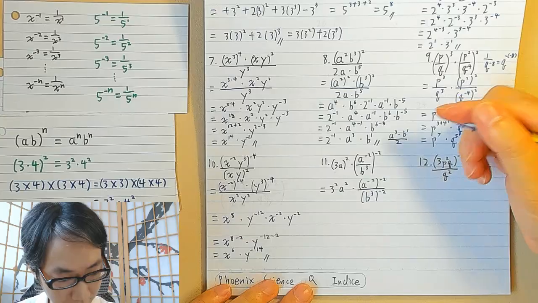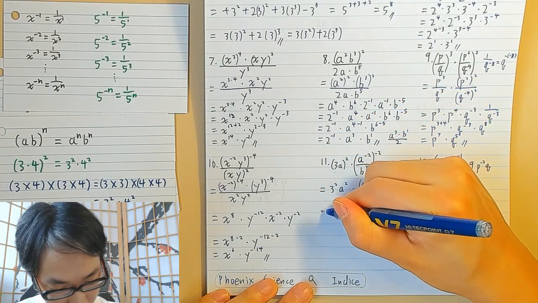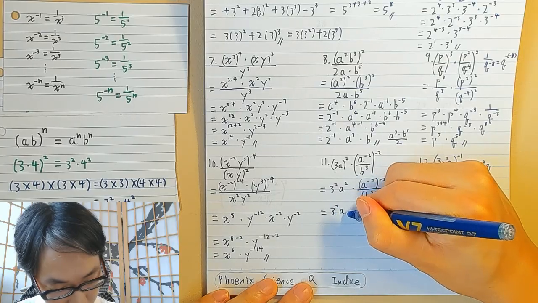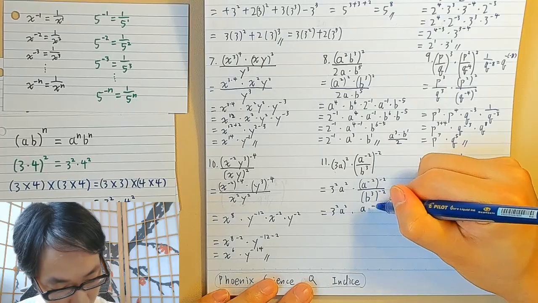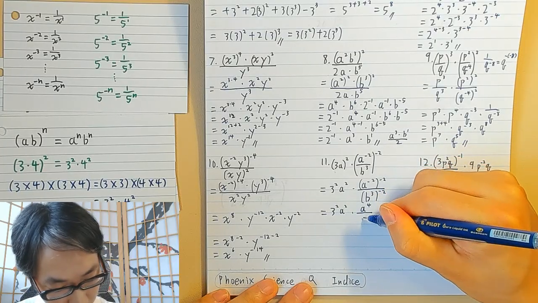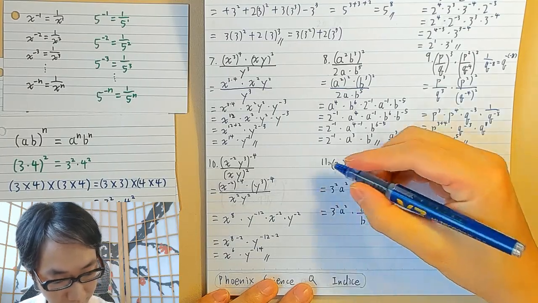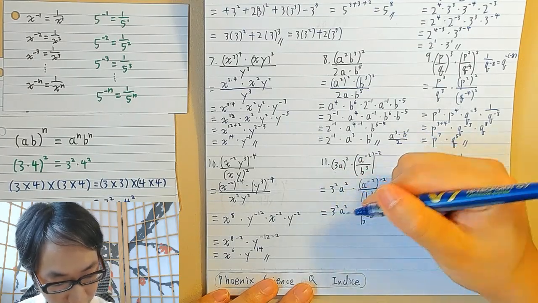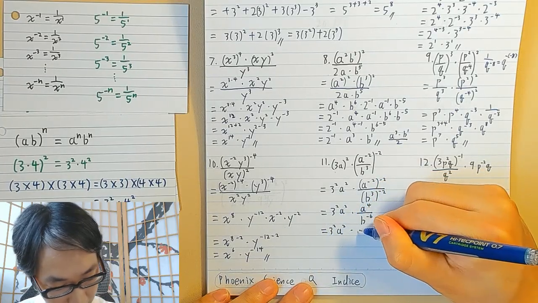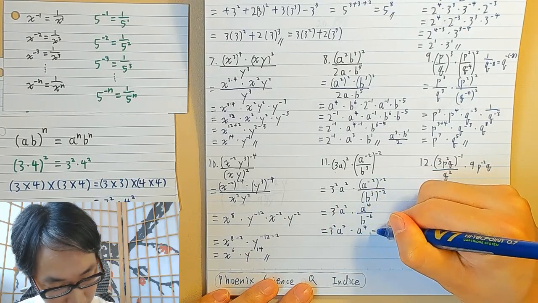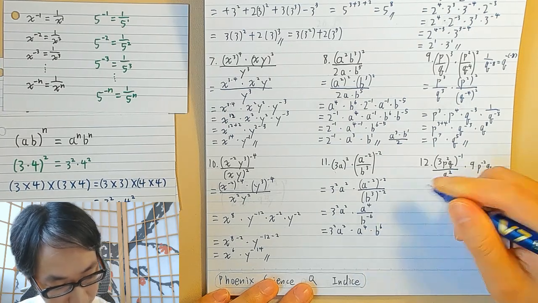And we have 3 squared a squared times a to the power of positive 4 over b to the power of negative 6. Then try to remove the fraction, which equals 3 squared a squared times a to the power of 4 times b to the power of positive 6.